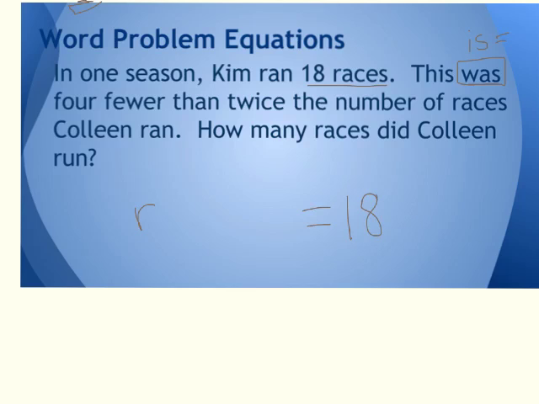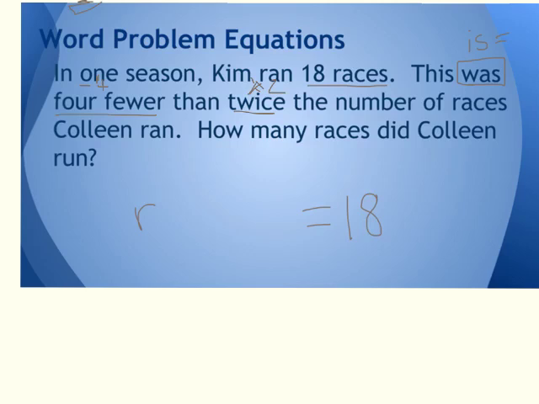Now look at, this should remind you of when we were writing expressions. 4 fewer than twice the number of races. So 4 fewer means something minus 4, right? And twice means times 2.